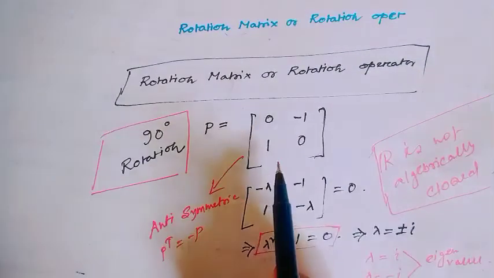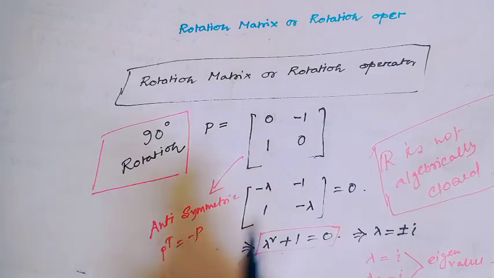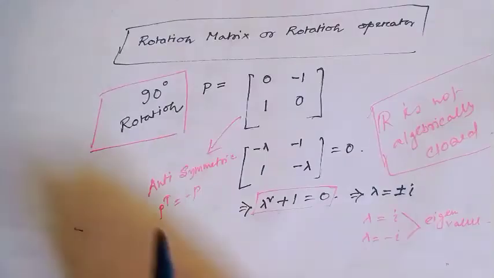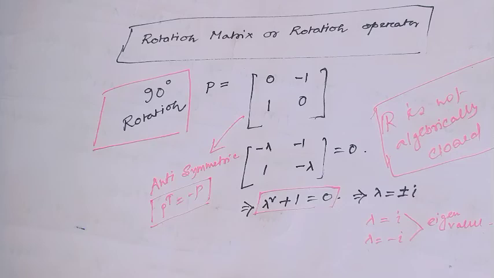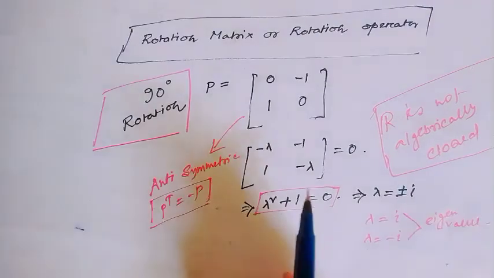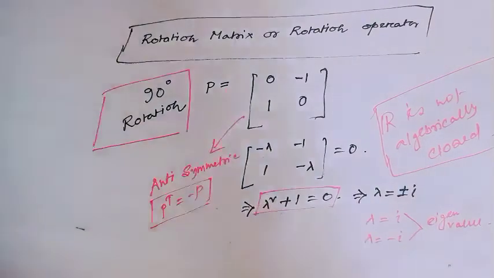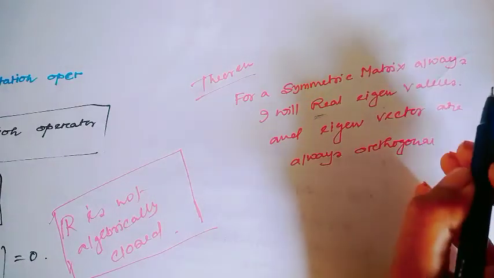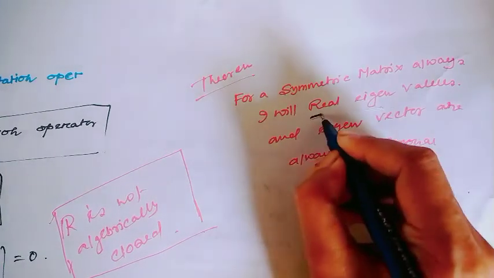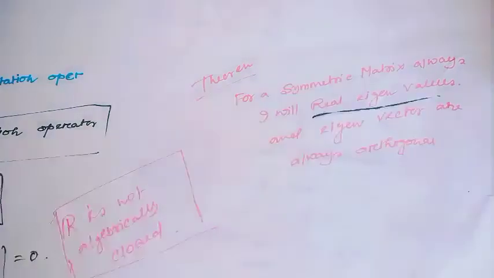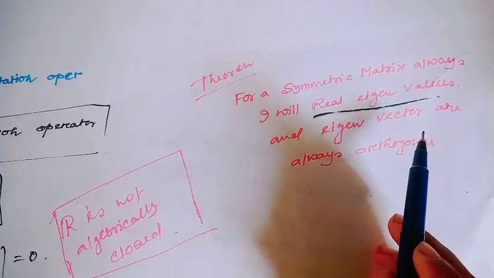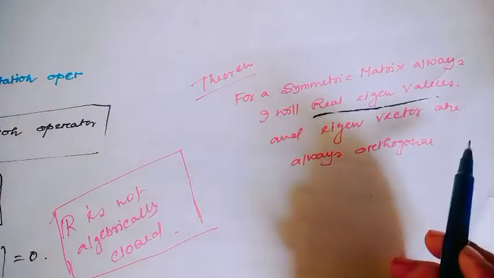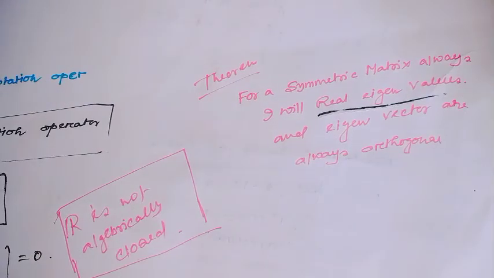Here the matrix is an antisymmetric matrix because here P transpose equals minus P. Okay. So there exists a nice theorem. The theorem is that for a symmetric matrix I will always get real eigenvalues, and the eigenvectors associated with these eigenvalues will always be orthogonal.